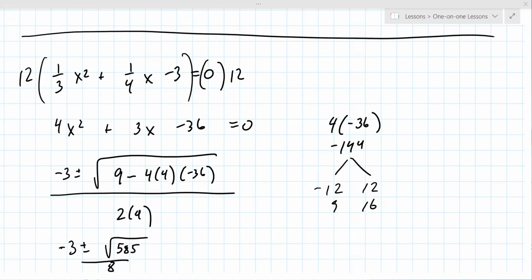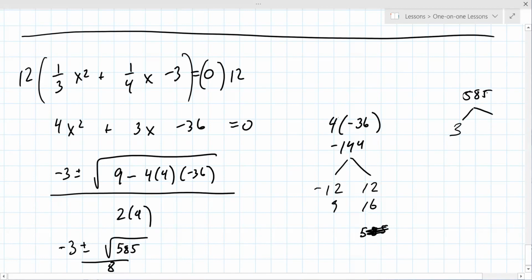I think this lesson is supposed to be really the not very nice numbers. 585 does reduce. It's actually a multiple of 3 because 5 plus 8 plus 5 adds up to 18, which is a multiple of 3. Then you get to the guessing game here.